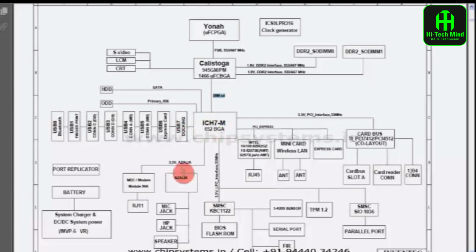The South Bridge is connected to peripheral devices like USB, Wi-Fi, audio, Bluetooth, keyboard controller, BIOS, serial port and parallel port. These are all the blocks used in the Toshiba laptop motherboard.